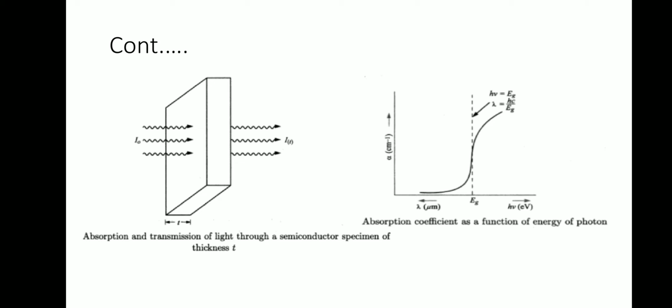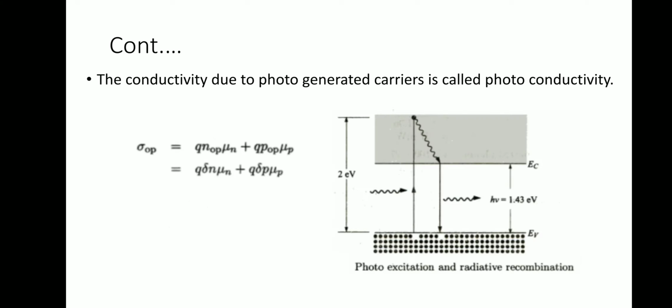After so many scatterings, the excess velocities come back to the mean thermal velocity at that temperature. And we can say that the conductivity due to these excess carriers generated by this optical energy is called photoconductivity.